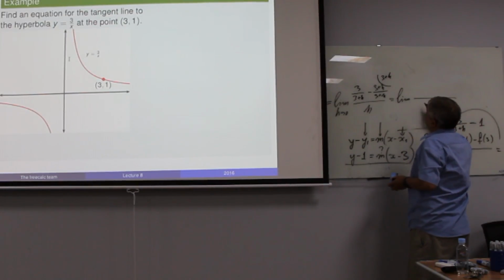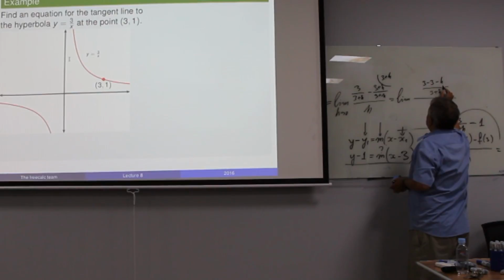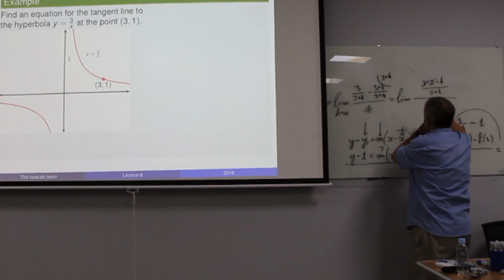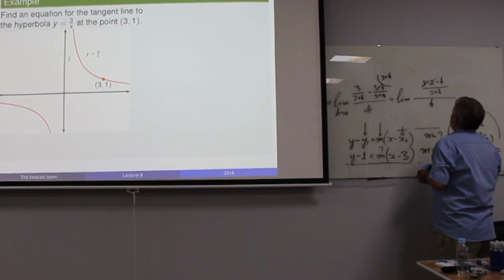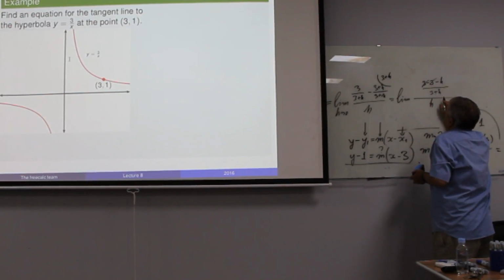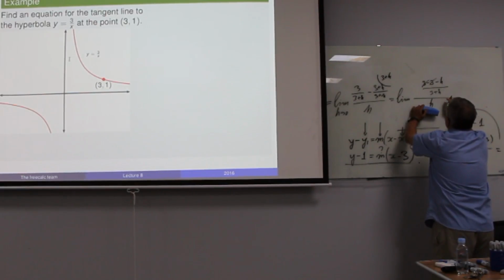LIM. Now here 3 plus h, and on the top, 3 minus 3 minus h. Right. So now what do we notice, guys? We can cancel h and h, right? And what do we get?